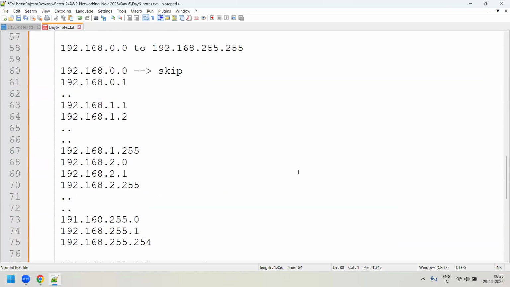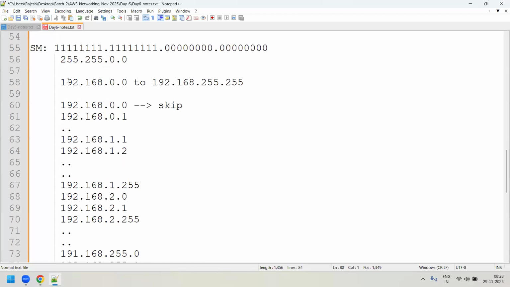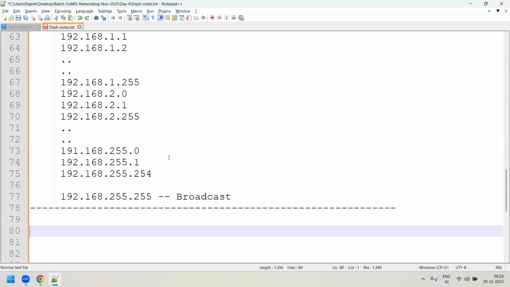Assume that on one floor you are using this range. On the second floor you are using the 2.0 series, skipping 2.0 and also skipping 2.255. Something like that.